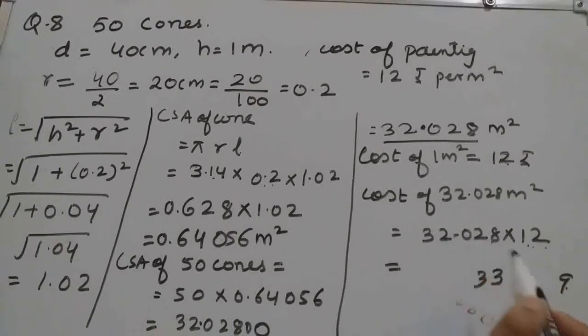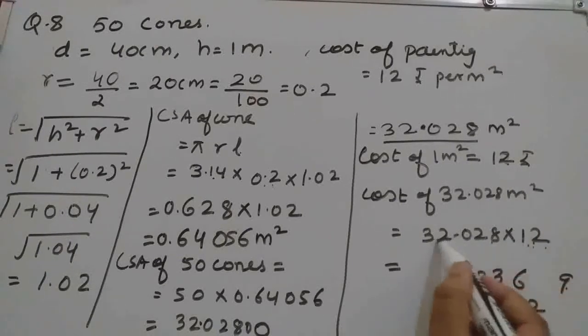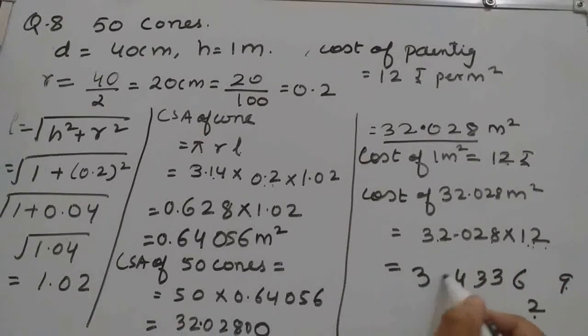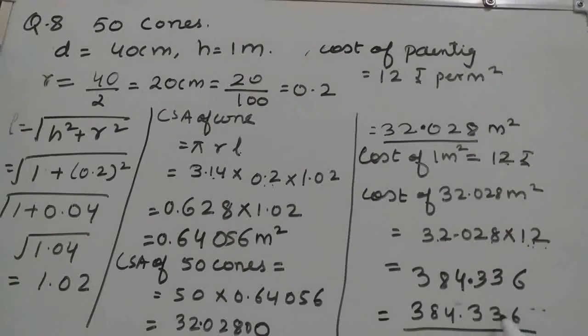Then after 3 digits, so 3 digit. So approximately this will come to 384.336, we can write, or 384.34 rupees.